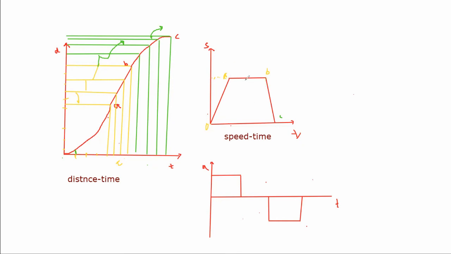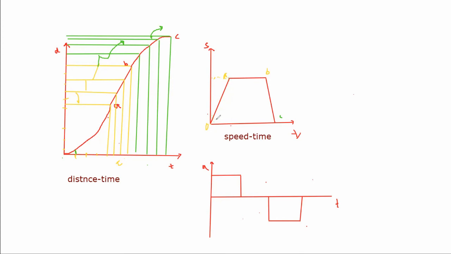So now we have a speed time graph. Using the same analogy as we used in converting the distance time graph into the speed time graph, we can say that in the first region from 0 to A, the acceleration was constant, because again, if I divide it into 3 parts, this, this, and this, you can see that the velocity in each part is almost constant.